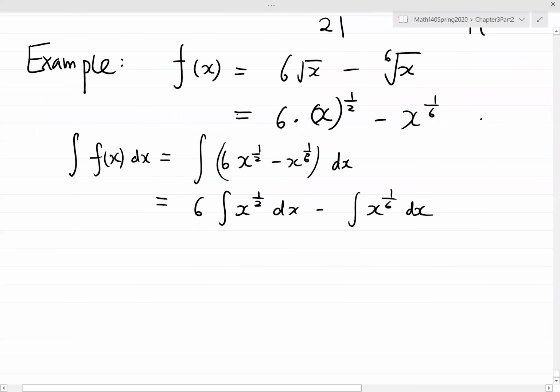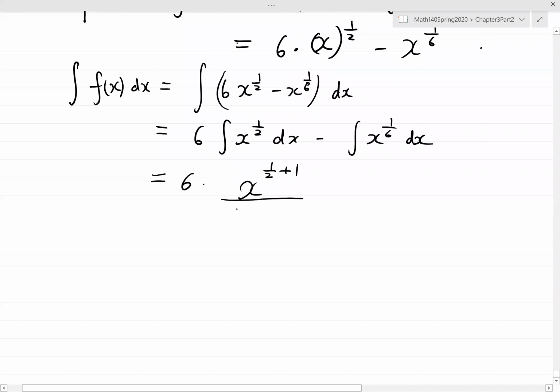Then the exponent increases by 1 and then we divide. So for x to the power 1/2, we have 1/2 plus 1, then divide by 1/2 plus 1, divide by the exponent.